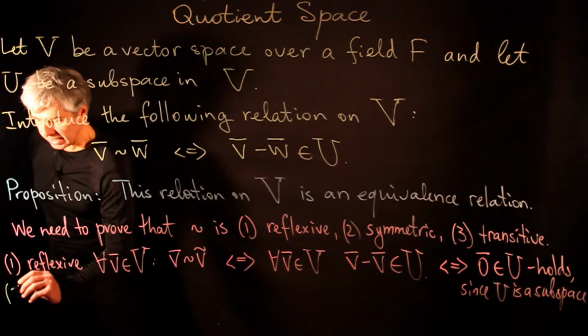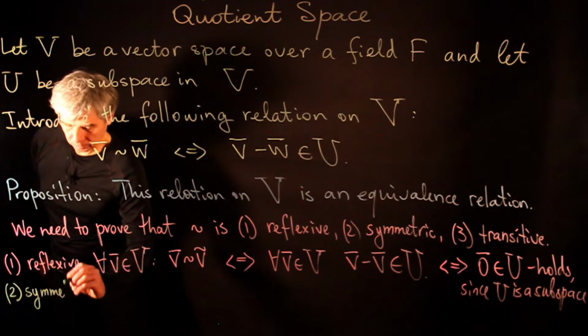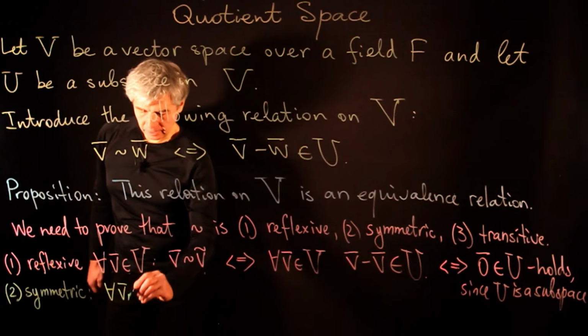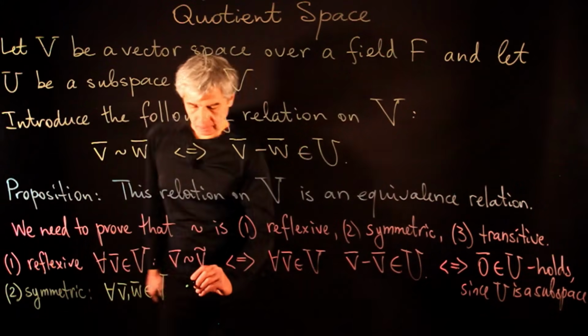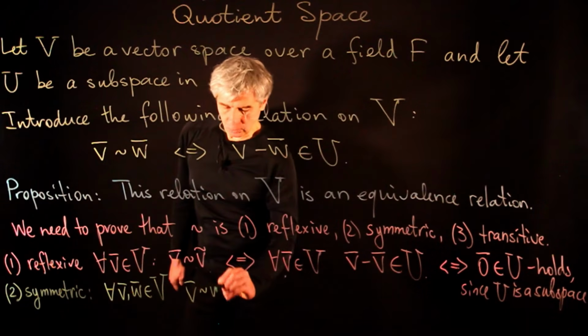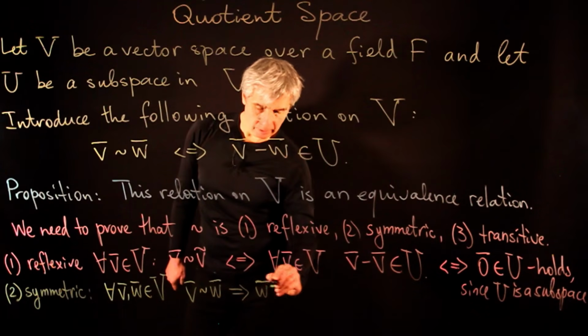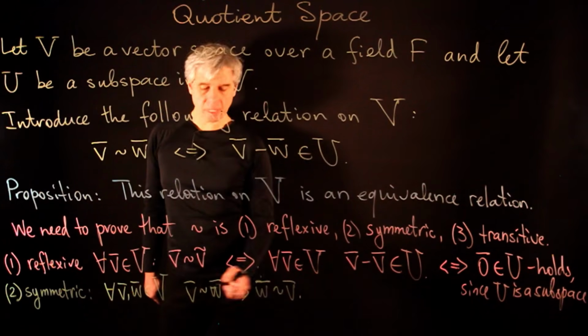Now let us look at the second property, that this relation is symmetric. This means that for all vectors v and w in our vector space, if v is related to w, then this implies that w is related to v. Now let us spell out our relation.